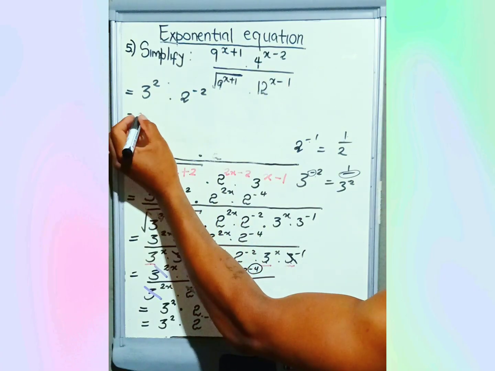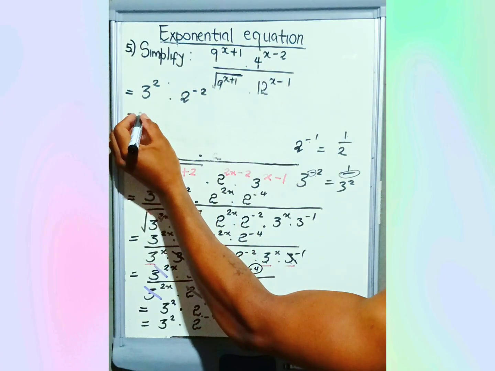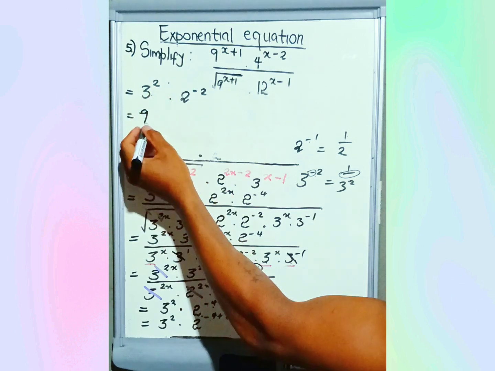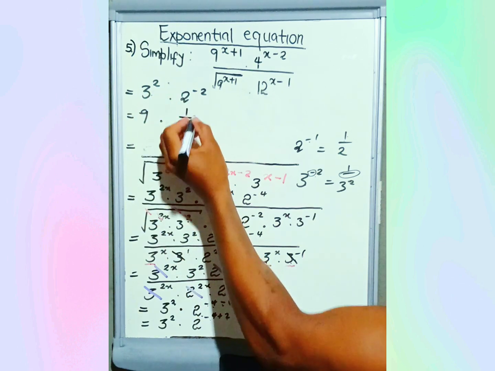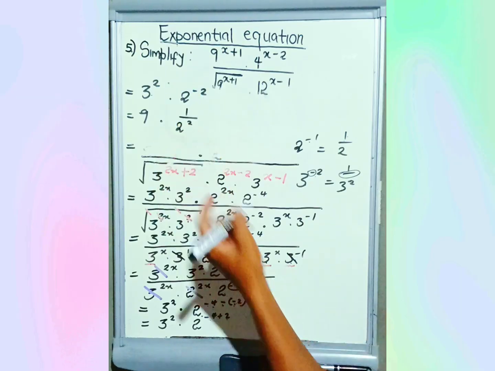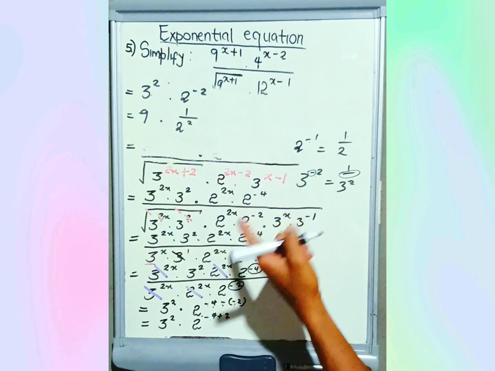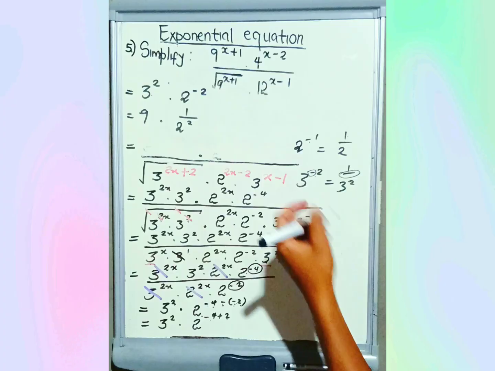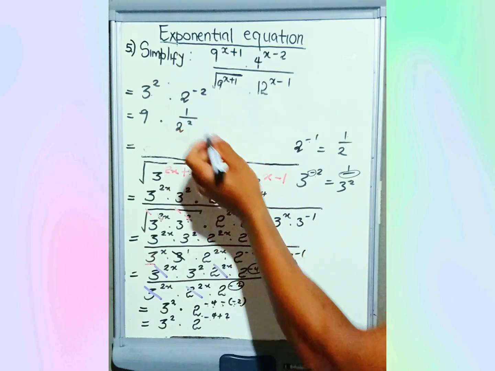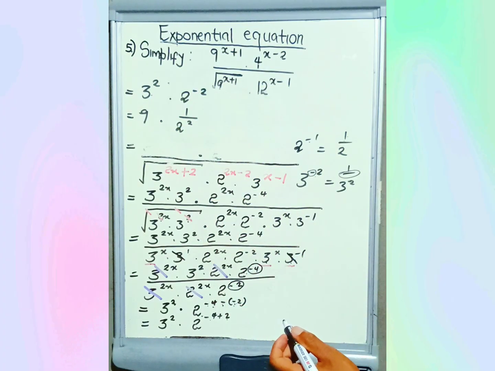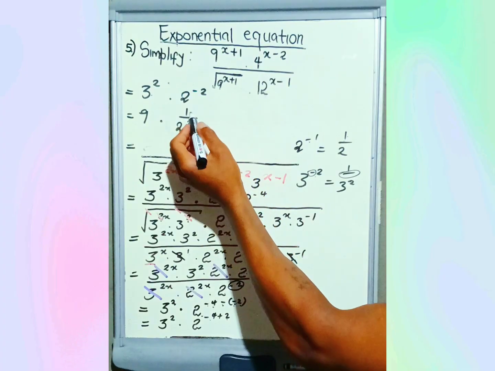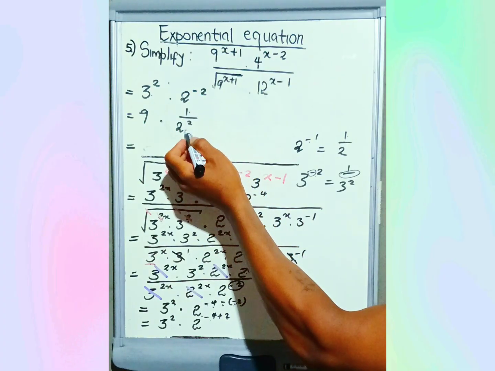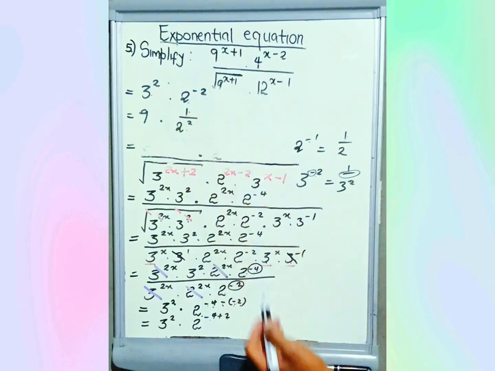As you see here, we have 9 now. Let's simplify: 9 times this one is equal to 1 over 2 raised to 2. Do you see that? This negative is just telling you that it is a fraction, where on the numerator we have a 1, and on the denominator we have the base with the exponent.